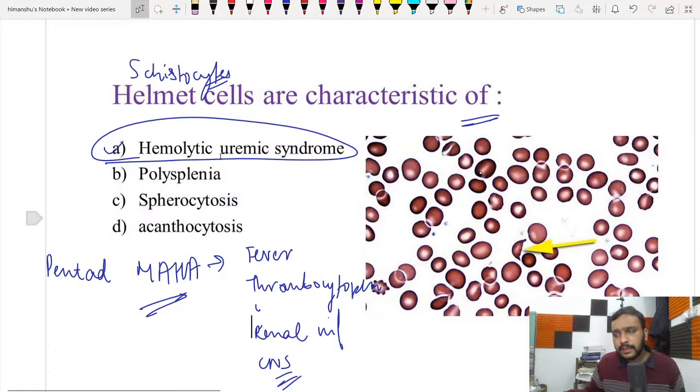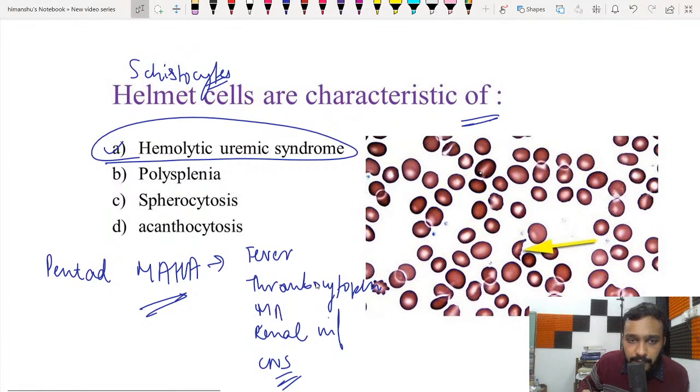The pentad seen in microangiopathic hemolytic anemia: CNS abnormality, renal insufficiency, fever, thrombocytopenia, and MAHA.